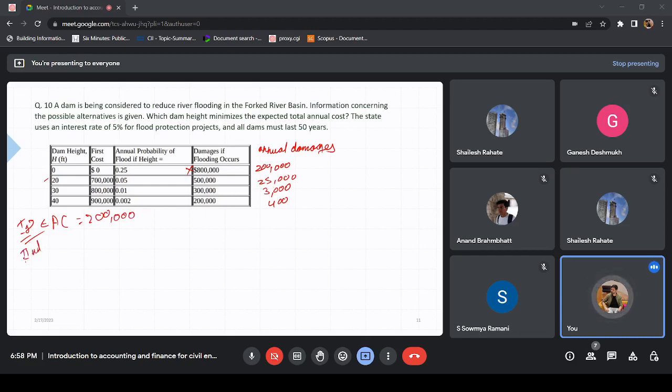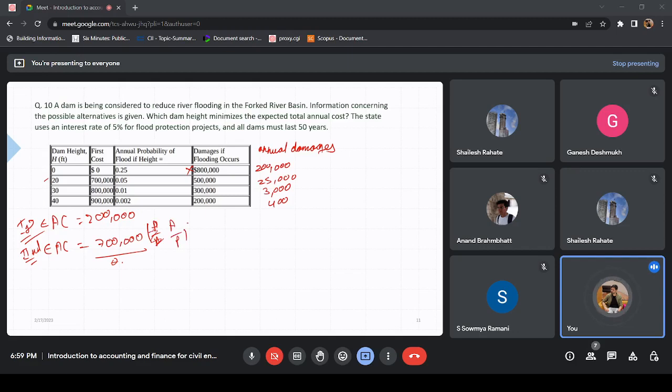In second case, what will it be? It would be 700,000 by, I mean, this is present value, right?